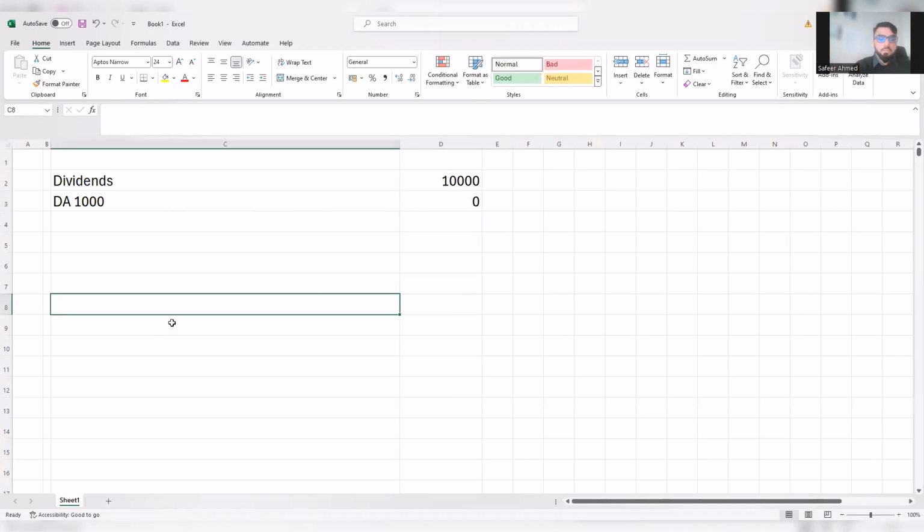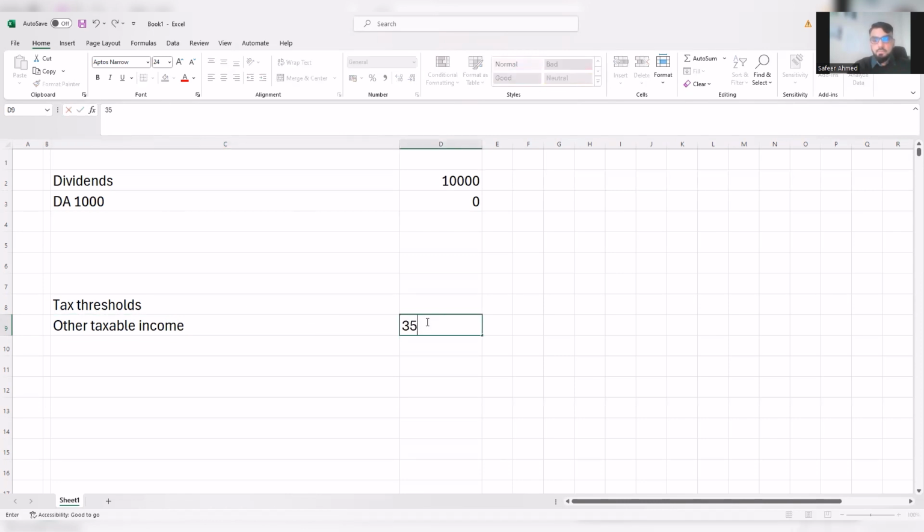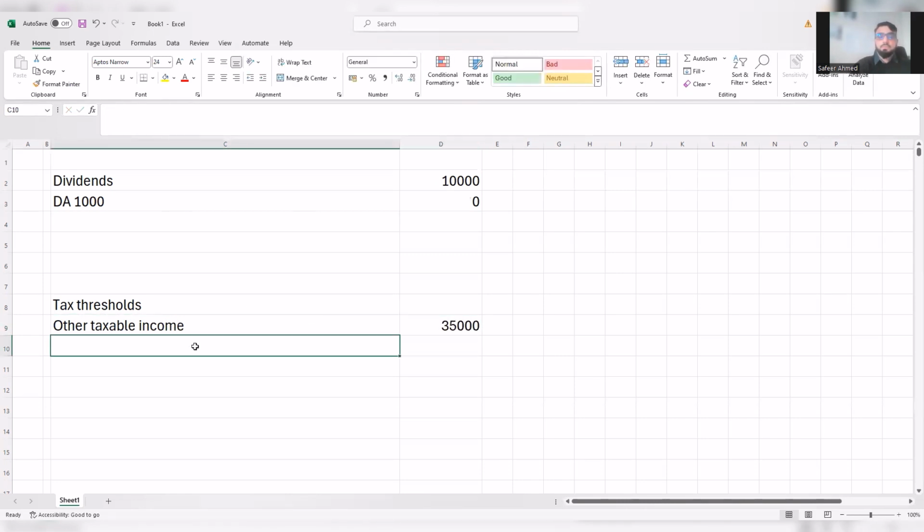Now, the other information that they have given you in relation to the tax threshold: they told you that this person's other taxable income is 35,000. So if this is 35,000, remember that the basic rate band threshold is 37,700.